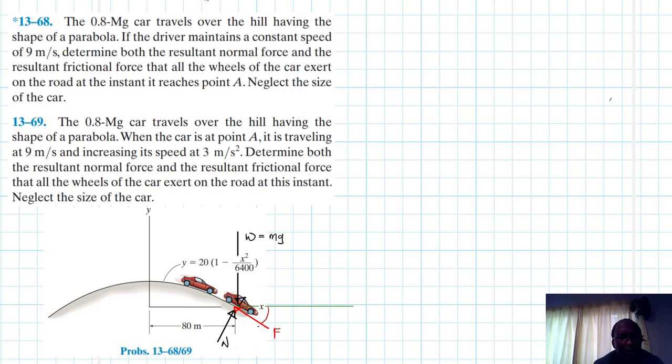We need this for us to be able to work at the same point A. This point here is point A. So this point here is point A. Okay, that is point A.